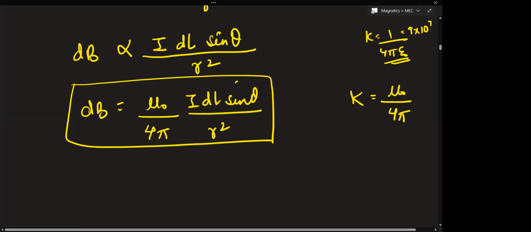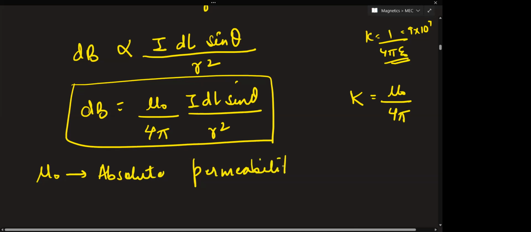Now, mu naught is different. Don't take it as epsilon naught. Epsilon naught was the absolute permittivity of a medium. Mu naught is the absolute permeability of a medium. See, there's a difference. When we put the subscript naught, that shows it is for free space. So absolute permeability of free space.